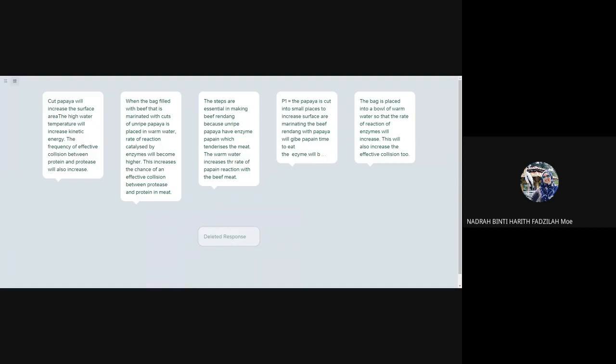Point number 5, this will produce chewable or softer meat. Kan ini akan melembutkan daging, chewable, softer, apa-apa adjective yang kamu nak guna untuk describe daging tersebut.